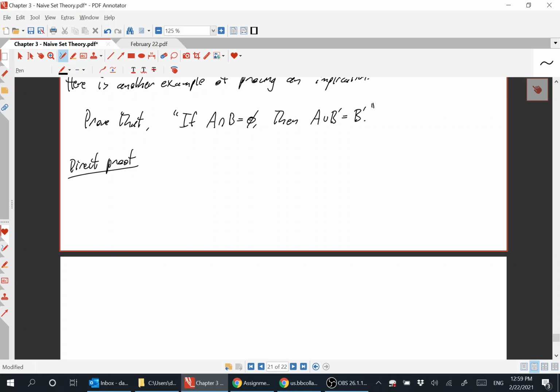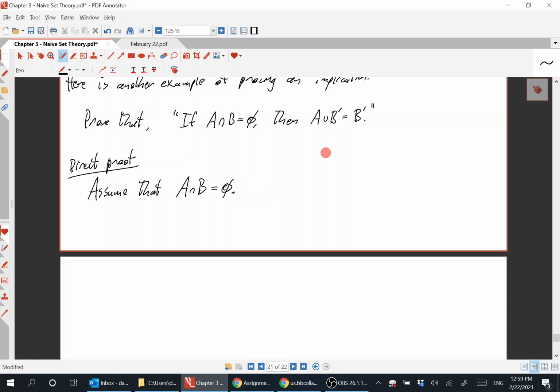So in the direct proof of the if-then statement, what's the first sentence? Assume that A intersection B is equal to the empty set.